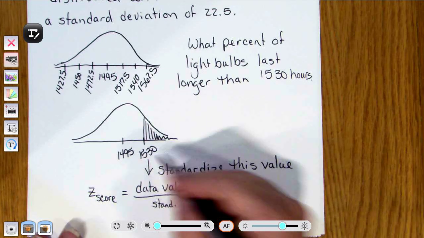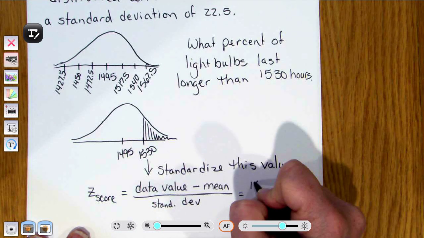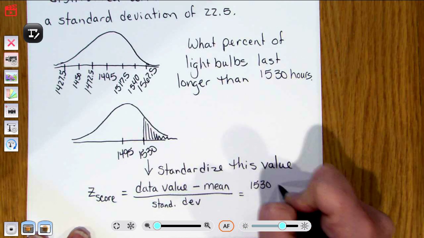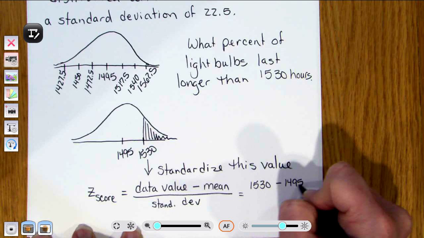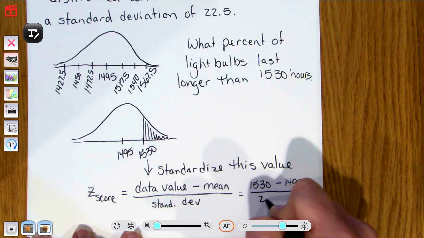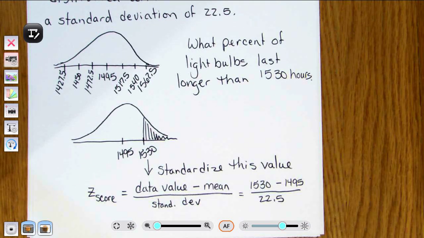So for this 1530, we take 1530 minus our mean, 1495, and divide that by 22.5.